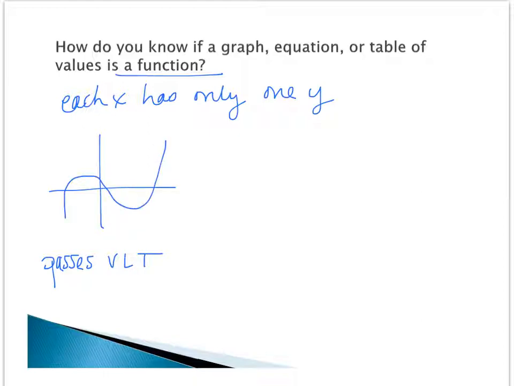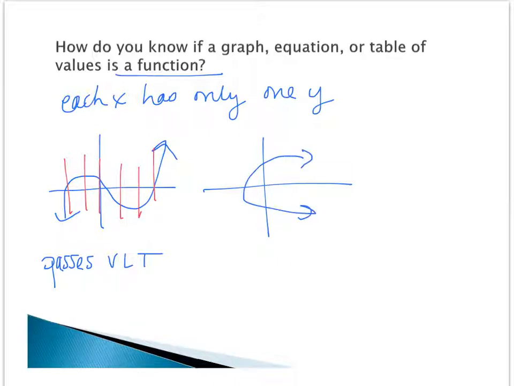So for example, this function does pass the vertical line test. Anywhere on the graph that I were to draw a vertical line, it would only intersect the graph once. If I were to draw the graph of, say, a sideways parabola, that would fail the vertical line test because one vertical line intersects my graph twice. So this right here would not be a function.